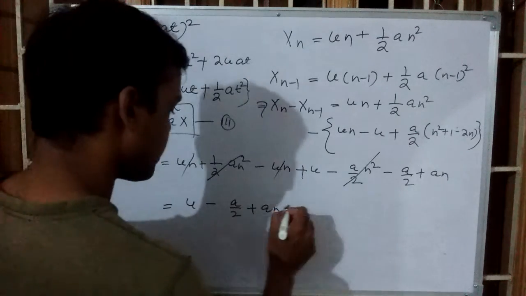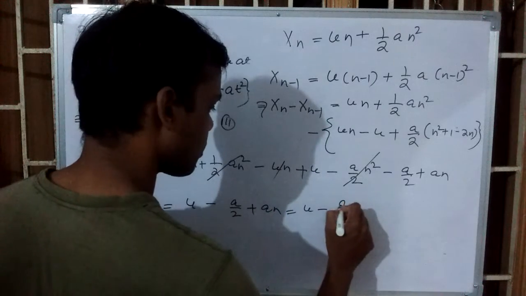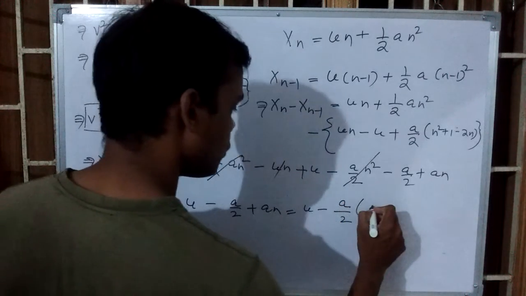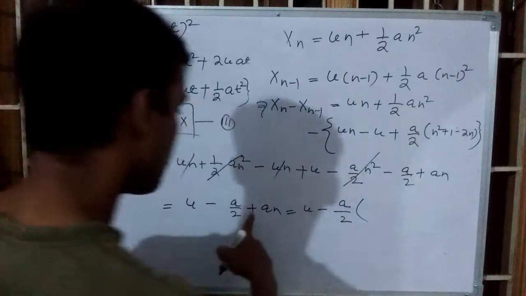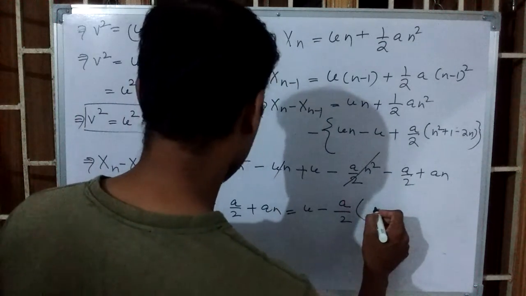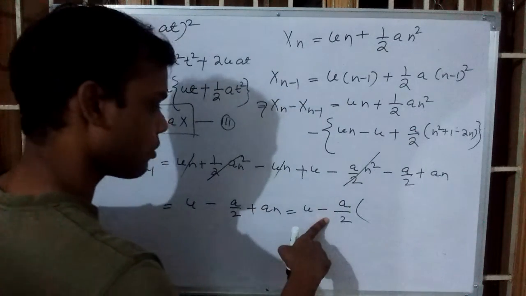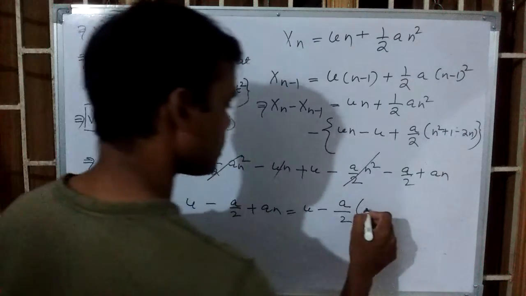Now I can write it as u, and if you take a by 2 common, inside the bracket there will be 1 plus n. Sorry, this is minus, this is plus. I have already taken minus, that means it will be 1 minus n.